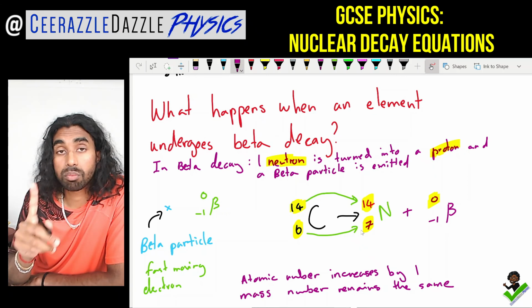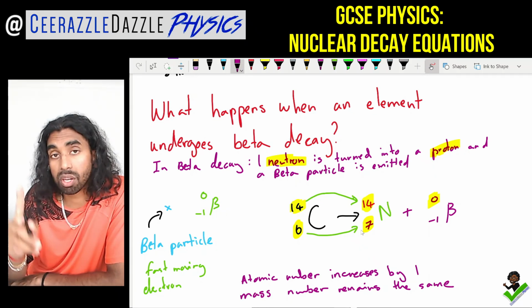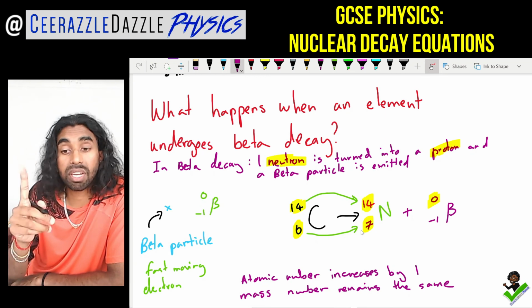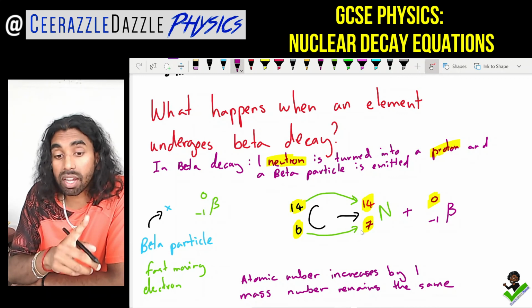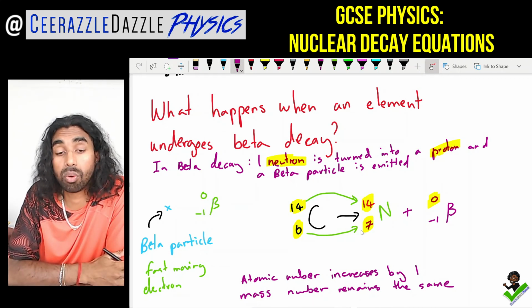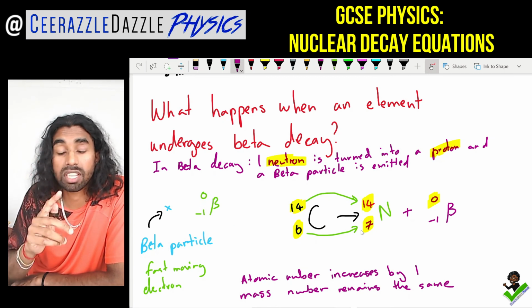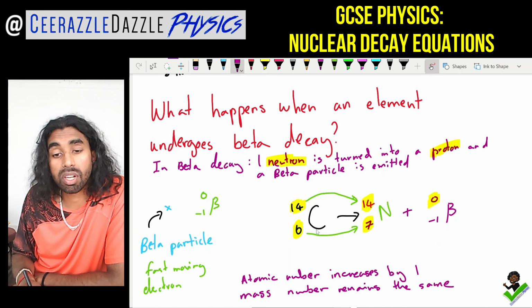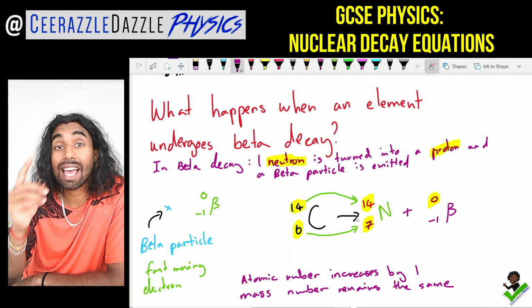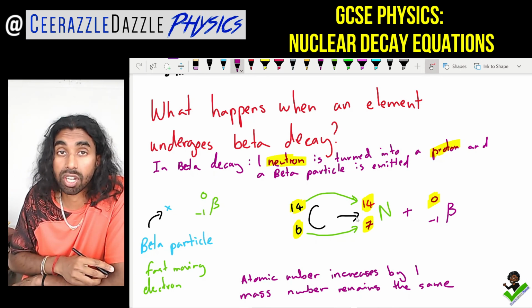Loads of kids struggle with this because they can't really understand why the atomic number has gone up by 1. But think about it: the beta particle is 0, -1. I've got to balance it out. That's the reason why the atomic number goes up by 1. Always remember, from beta decay, 1 neutron turns into a proton. That's the reason why this works. So look, guys, the atomic number increases by 1, but the atomic mass remains the same, and a new element is created. Why? Because the atomic number has now changed.